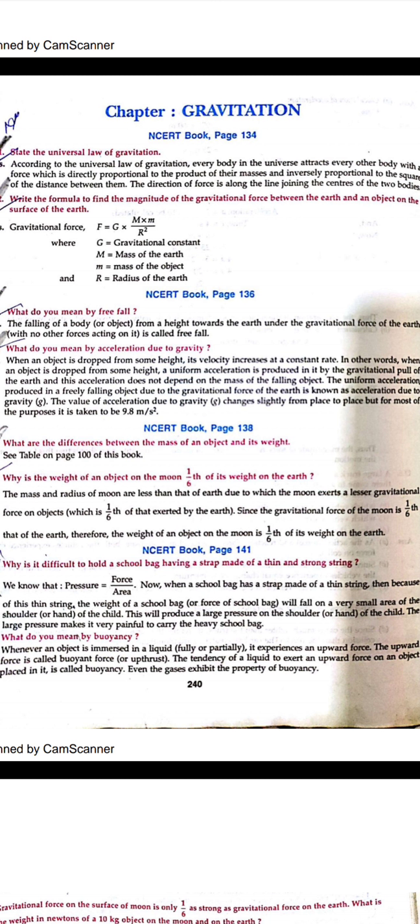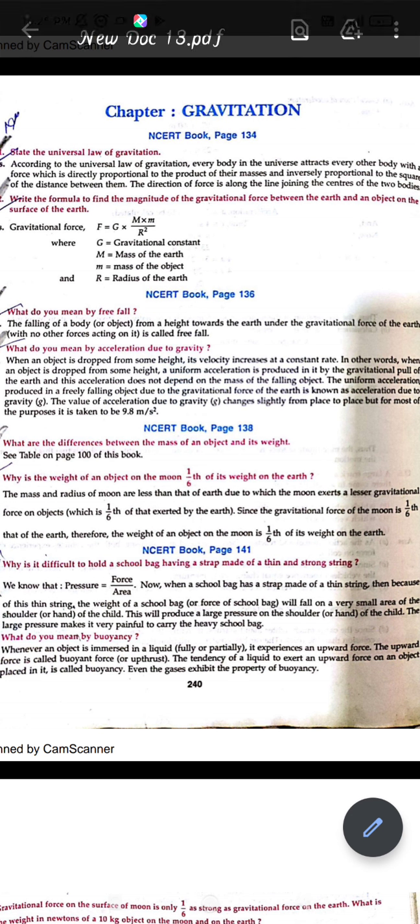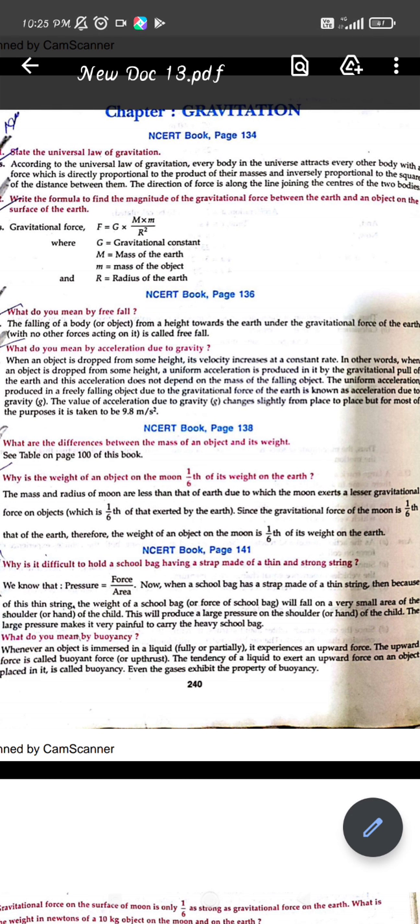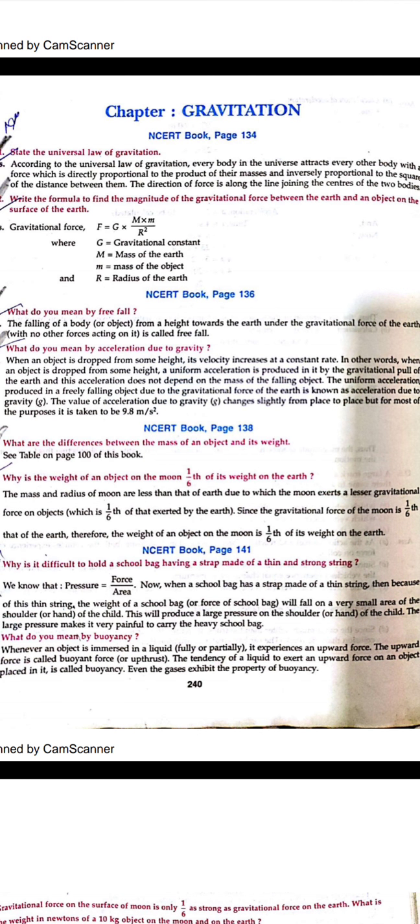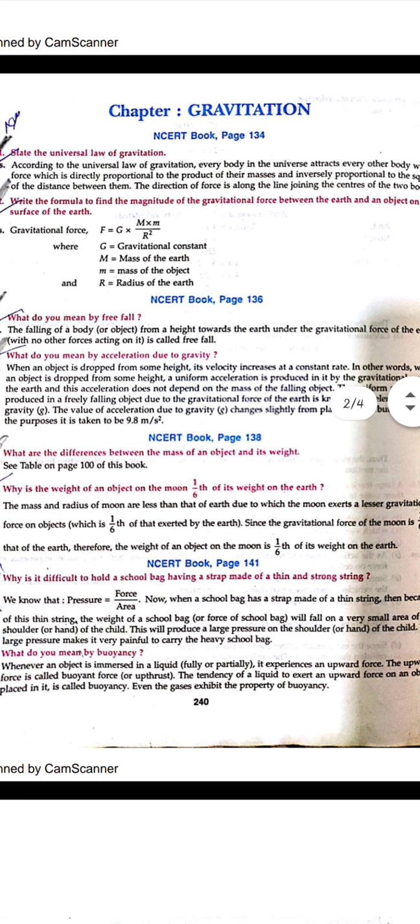But if it asks to state the universal law of gravitation, then how will you tell it? Every body that is present in the universe attracts every other body with a force. And I told you that this force is directly proportional to the product of the masses and inversely proportional to the square of the distance between them, right?